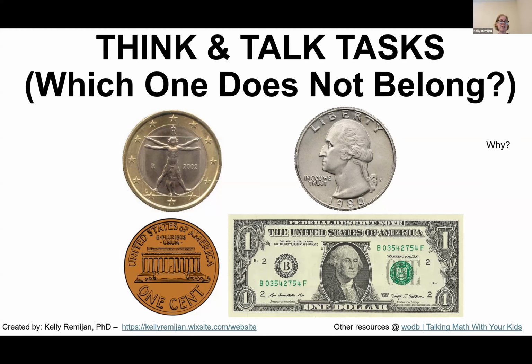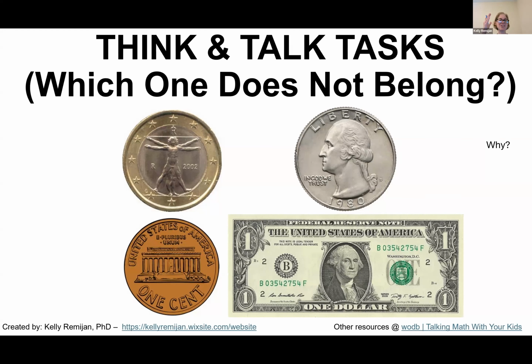Interesting. Okay. Ashley says that the top left is a European coin. Actually, that is right. This would probably be from Italy. That is the Vitruvian Man, and so that probably is one you would see more often in Italy, but it could be anywhere throughout Europe. Any other thoughts on which one does not belong?